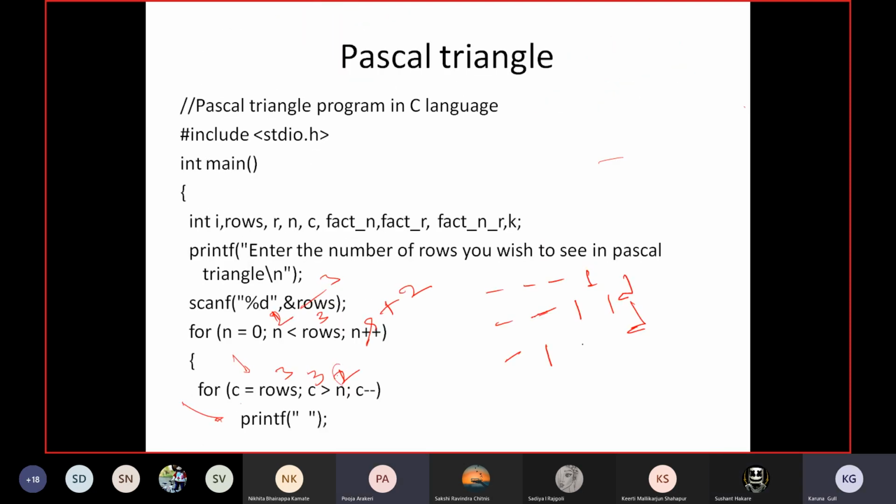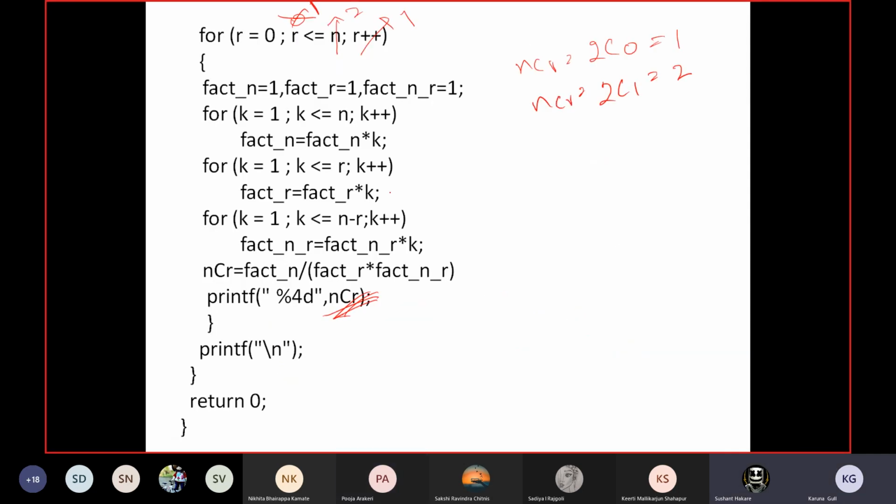So I'll be printing 2 now. Is it okay? Yes, ma'am. Right. Okay. So next, go back to this. Next, increment this. So this is 2 now. 2 is less than or equal to 2?